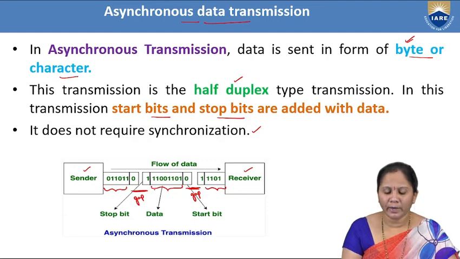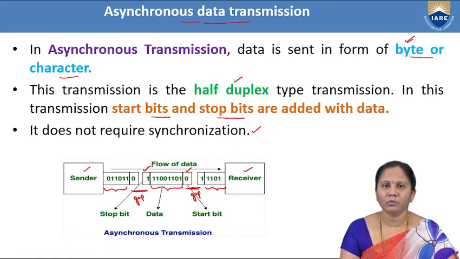Here the byte or character will be transmitted from sender to the receiver by including extra bits. We have to include extra bits for the original data. Those bits are called start bit and stop bit. Like this, for each character or each byte, the start bit and stop bit should be included.